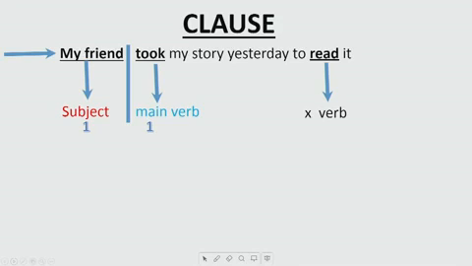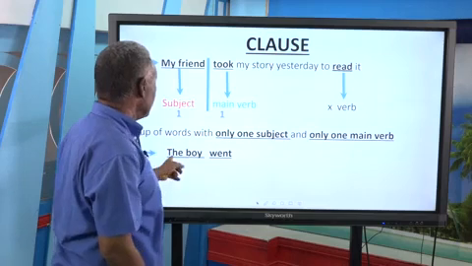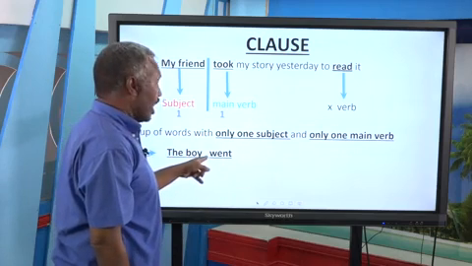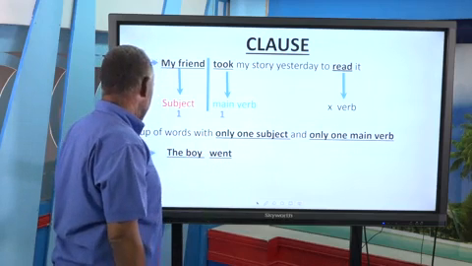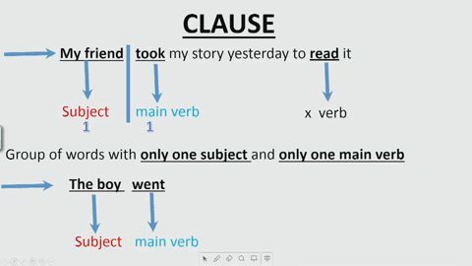Clause again, only one subject and only one main verb. This is the definition of clause: a group of words with only one subject and only one main verb. Example, the boy went. The boy is the subject and went is the main verb.